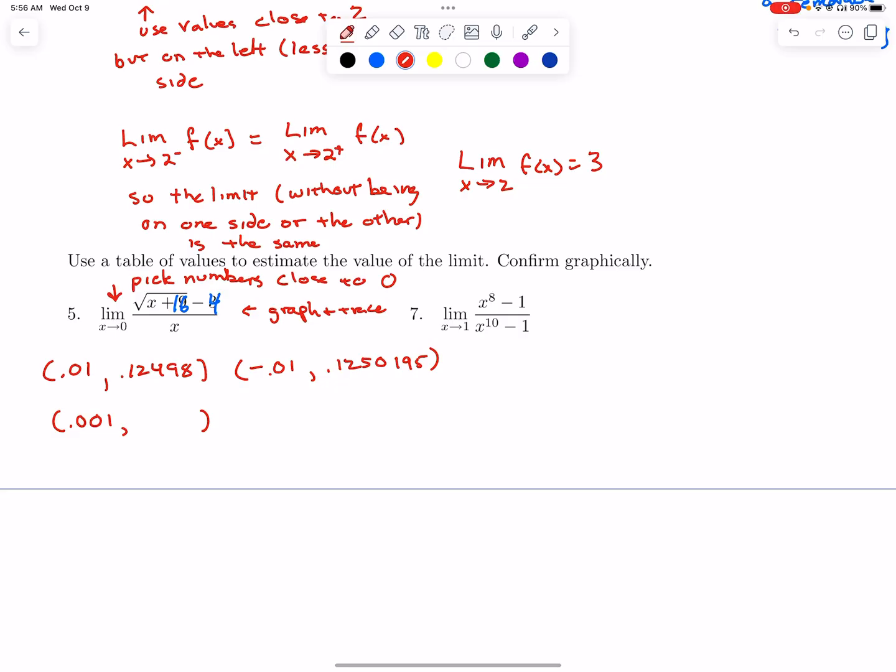Well, let's try even closer. And what I say is my estimate looks like I'm heading in on 0.125. That's also known as, incidentally, 1/8. So, okay.